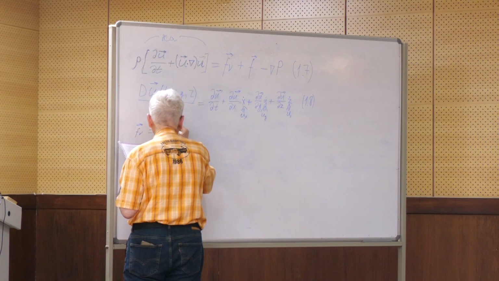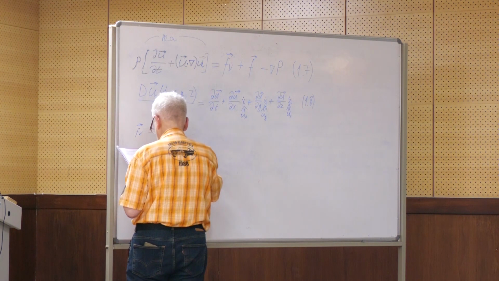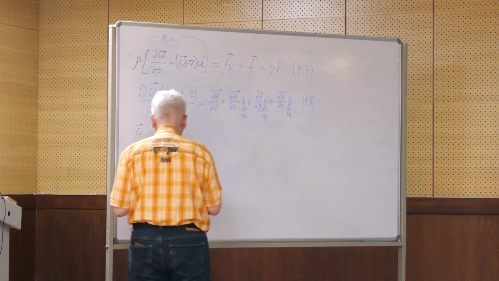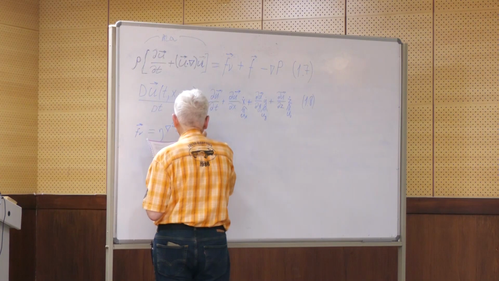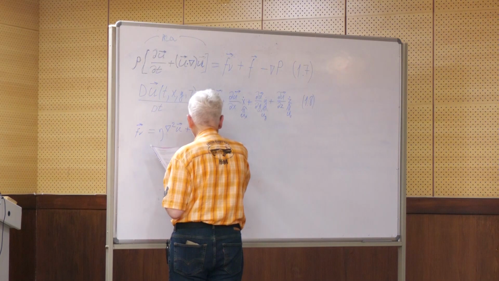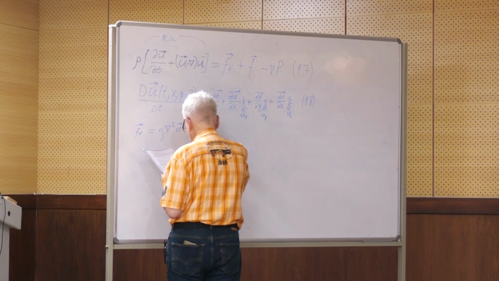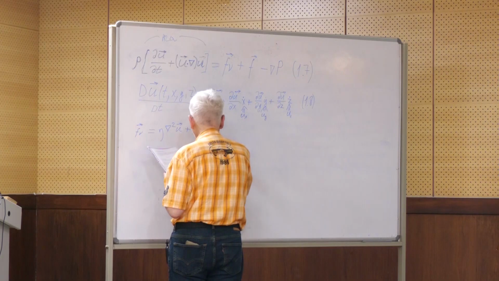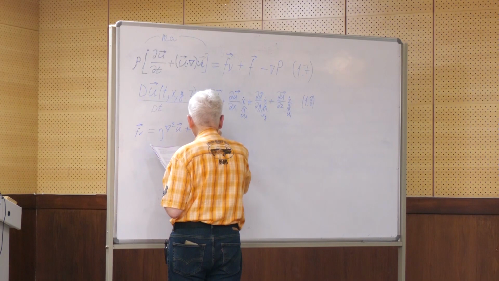One of them is related to the Laplacian of the velocity, and another is related to the gradient of the divergence.